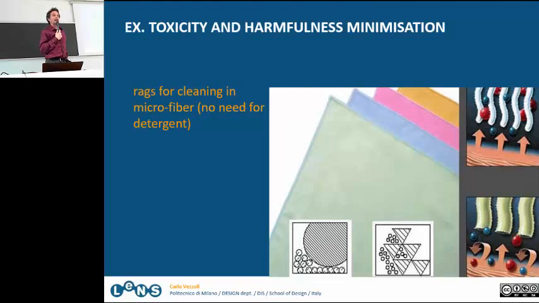Now they are quite common, but because of the microfiber, how they are made, they can capture some dust and other things without the need of detergent in many cases. So you are not using detergent, which may be toxic both in production and while in use and in the disposal, because then you put the flacons in the bin and then maybe to be recycled as plastic, but there is always a residual of this detergent inside.